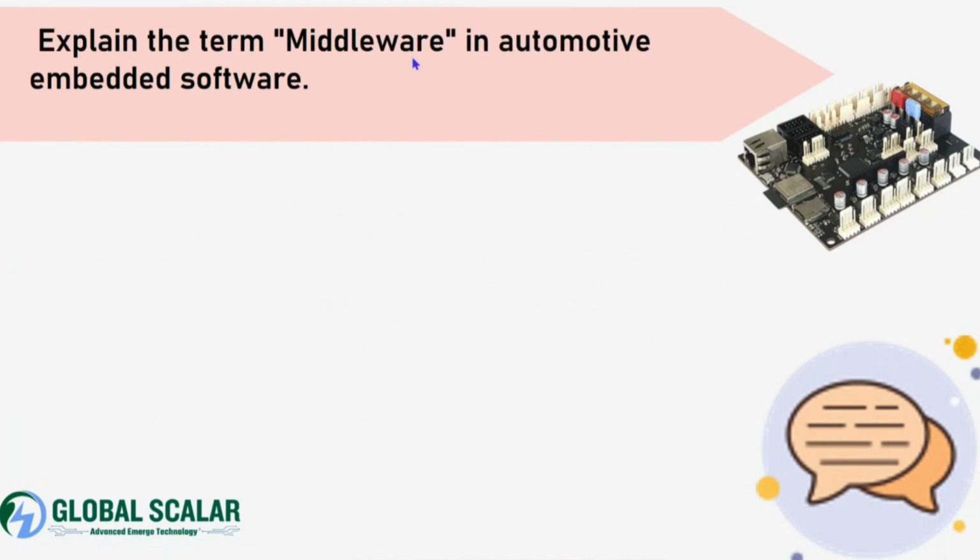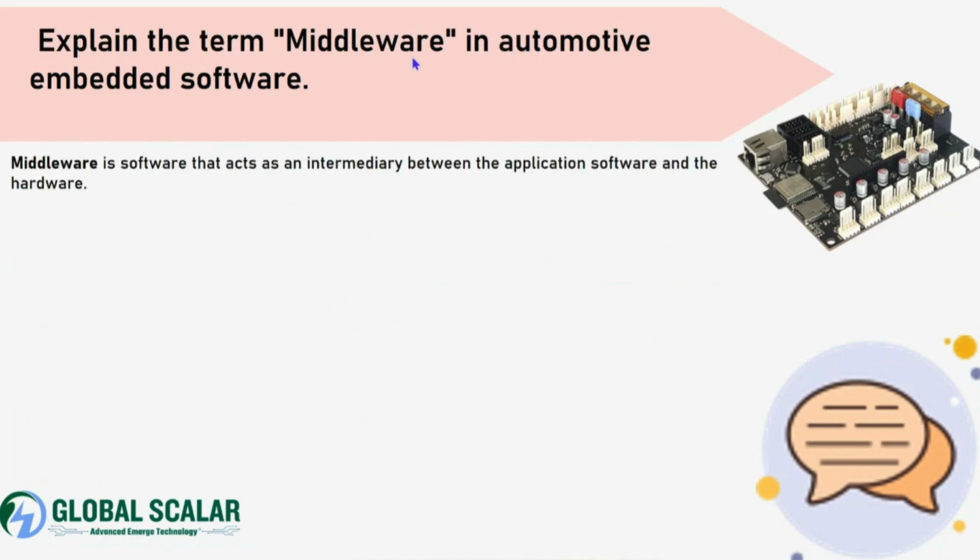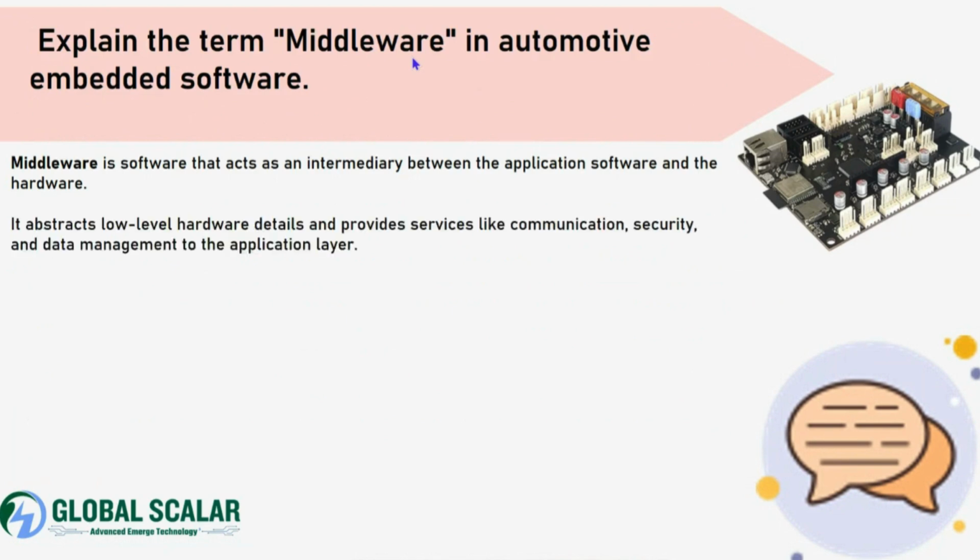Explain the term middleware in automotive embedded software. Middleware is the software that acts as an intermediary between the application software and the hardware. It abstracts the low-level hardware details and provides services like communication, security, and data management to the application layer.